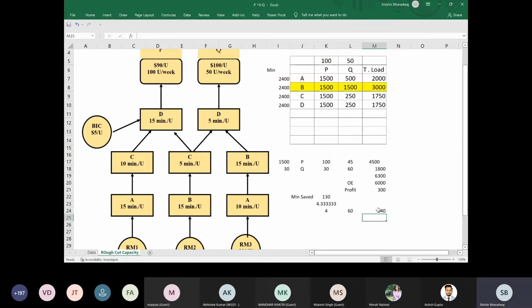Since my operating expense has already been taken care of, because I got a profit of 300, any throughput that increases now goes to the bottom line.